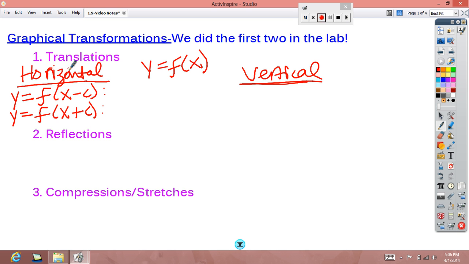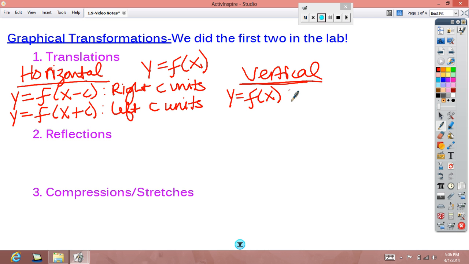Well, this horizontal is left and right, so the minus c, hopefully you noticed, moved the graph right c units, and this plus c moved it left. Then the vertical goes up and down, so again, this time y equals f of x plus c, and this c is on the outside, and y equals f of x minus c, and this c is on the outside.